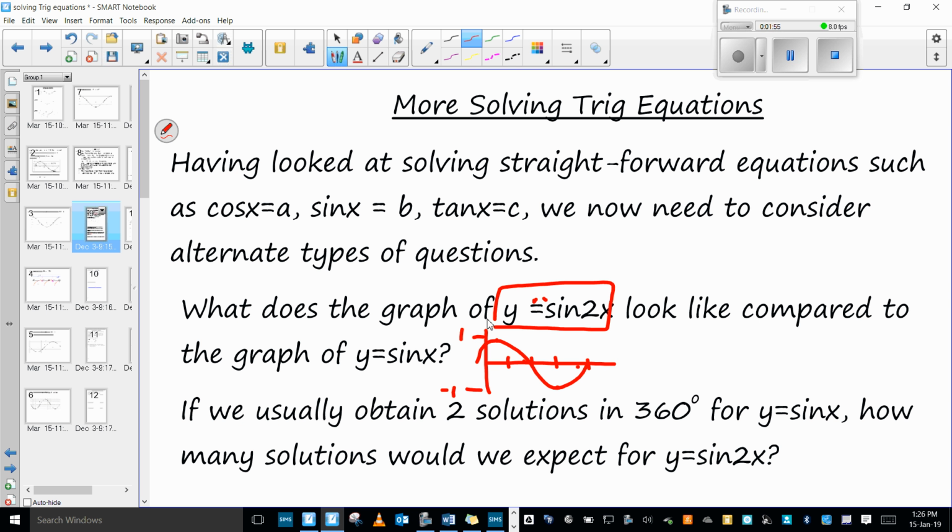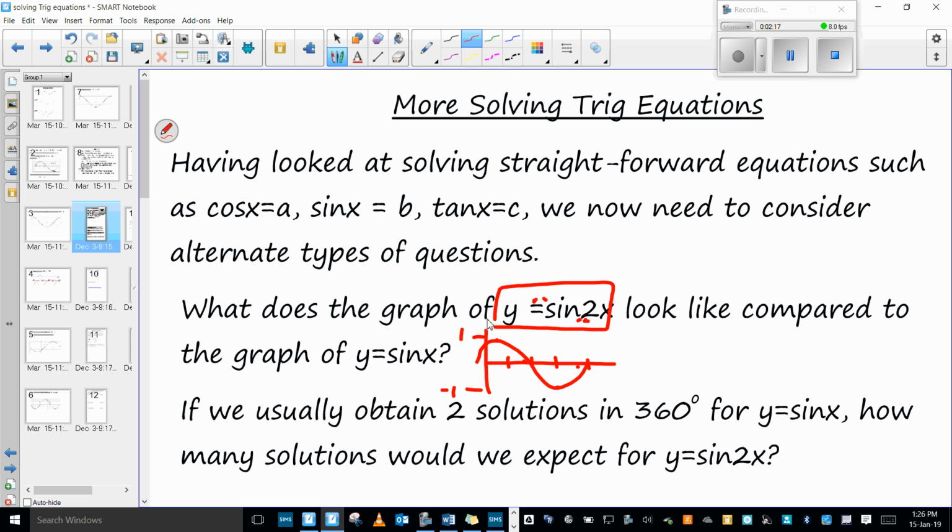So, when you've got y equals sine 2x, this 2 tells us how many cycles we're going to have in our normal period. Do you remember that little tip? When this number is different, that tells you how many cycles you're going to have in your normal 360.